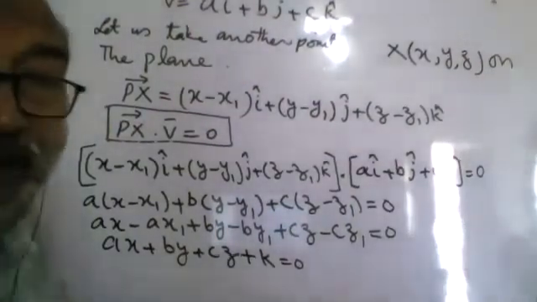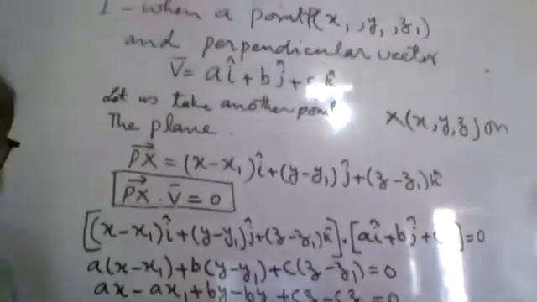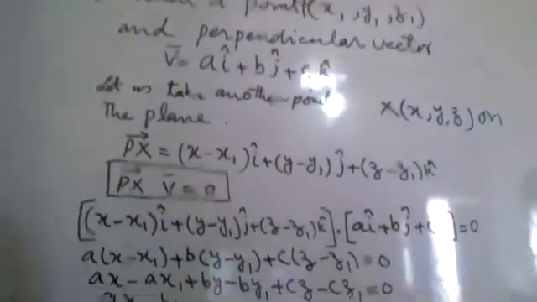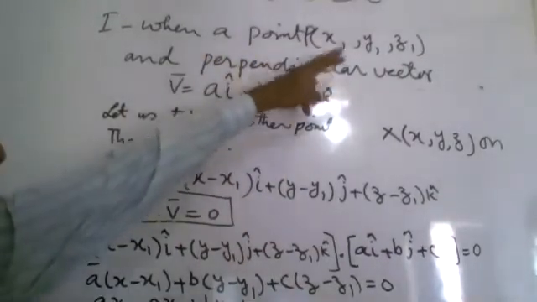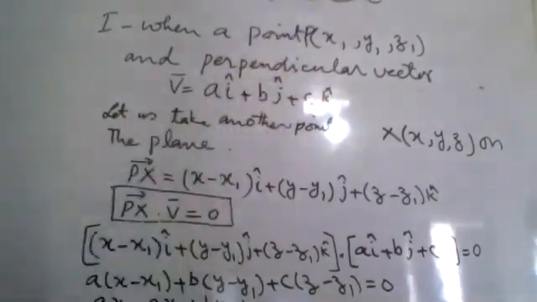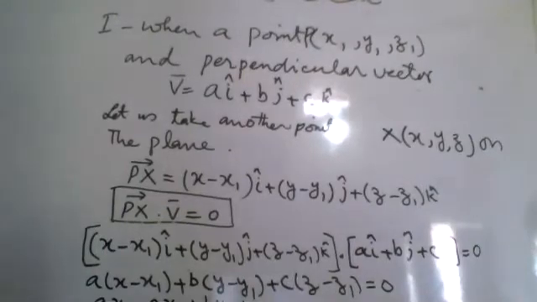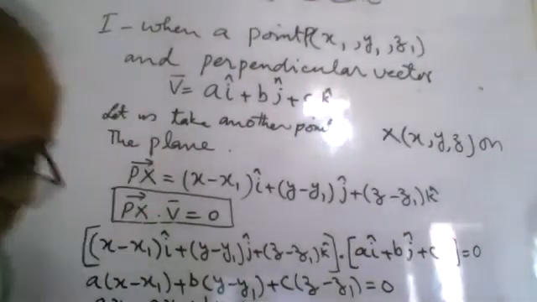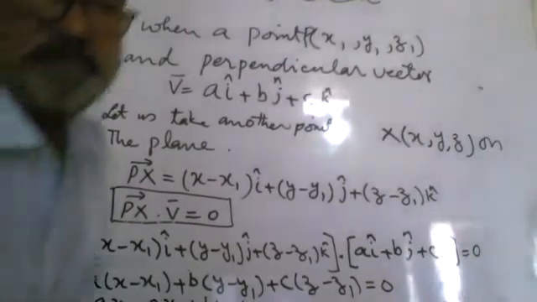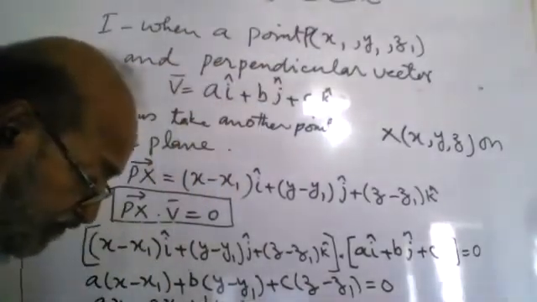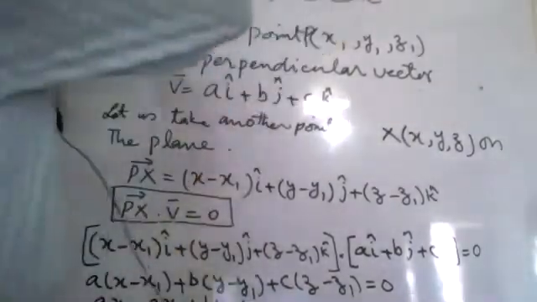In this question, we will mark P naught as x1, y1, z1. This is question number 21.